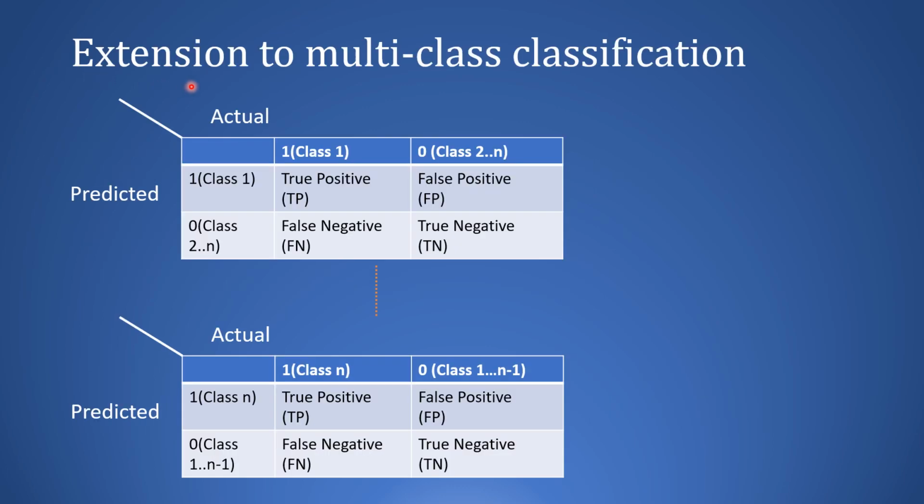Till now we discussed binary class classification, right? Now if you want to extend it to multi-class classification, how will you do it? How will you compute these metrics, right? In that case, what can be done is that we can divide this problem as class 1 against all the other classes, right? Class n against all the other classes, right?